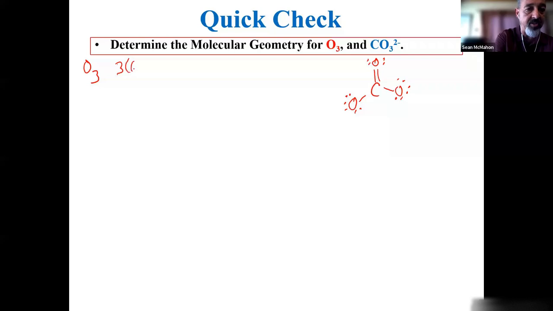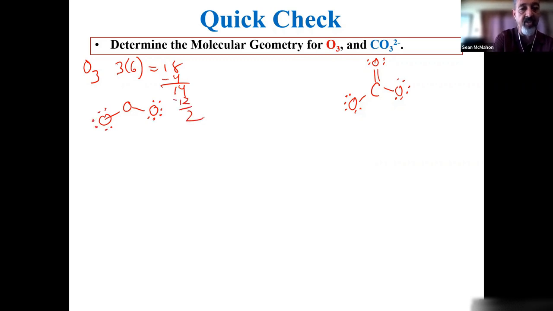There's 3 oxygens, 6 each, I have a total of 18 electrons. They're all the same atom, so oxygen's in the center. I have to bond them, so minus 4. There's 14, so 1, 2, 3, 4, 5, 6, 7, 8, 9, 10, 11, 12, minus 12. I have 2 left. Where do they go? On the central atom.